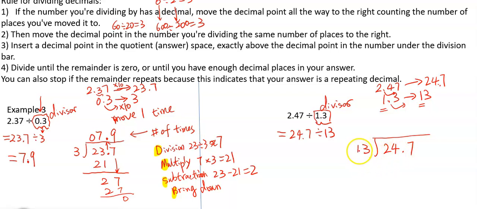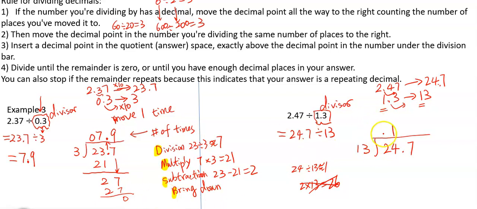So how many times does 13 go into 24? It's roughly 1 time, because if we have 2 times, 2 times 13 gives us 26, but we only have 24, so that's not going to work. So only 1 time here.